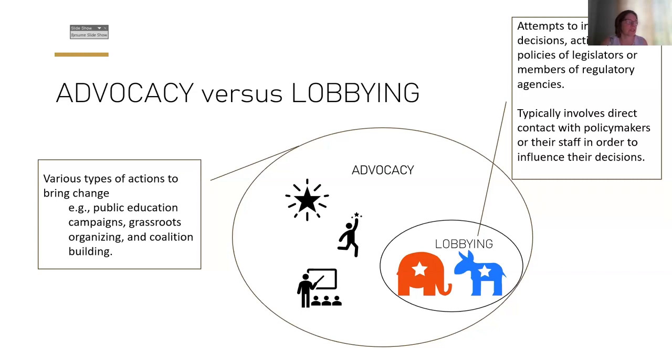So it can be public education campaigns, grassroots organizing, coalition building, etc. Whereas lobbying is more specifically about trying to influence legislative policies or regulatory agencies. So of course I drew the Republican and Democrat graphics there. So lobbying is a type of advocacy, but it's not the only type of advocacy, and you can really advocate in many different ways and have many different communications to get across your message.